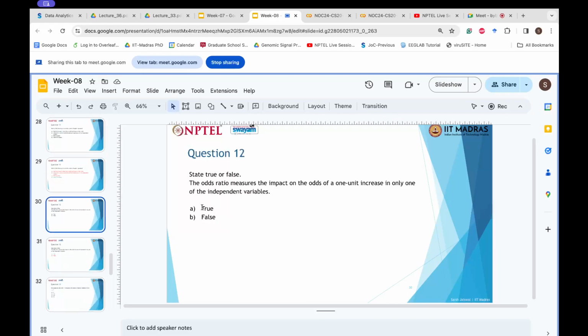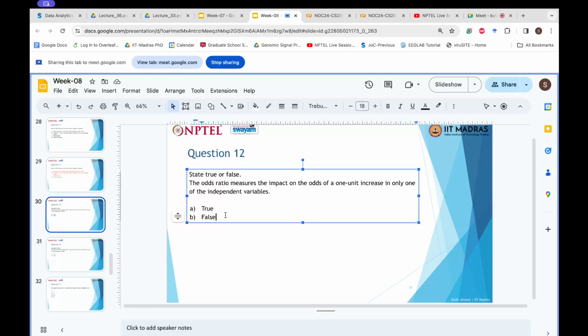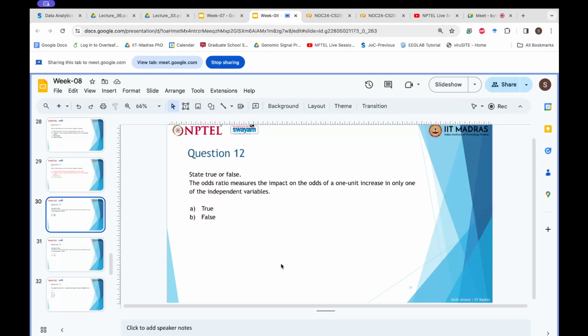There is one more term called odds. Odds is nothing but the probability of the event occurring, P, divided by the probability of the event not occurring, so P divided by 1 minus P. So for an unbiased coin, what will be the odds of getting heads?